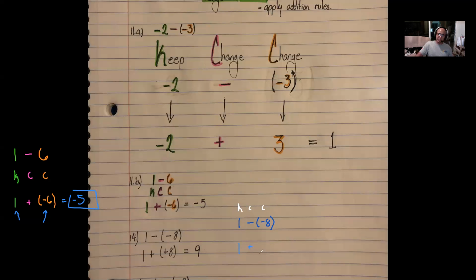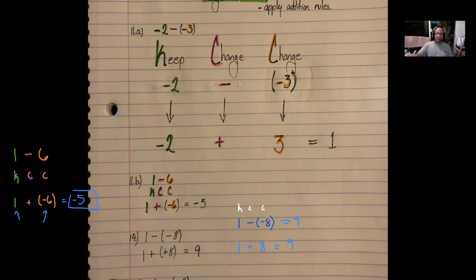And then I'm going to change the negative 8 to a positive 8. What's 1 plus 8? Same sign, so I'm just going to add them, and it's going to be a positive 9. Notice how much simpler this is, how much easier it is to think about. Yes, 1 minus negative 8 is equal to 9. These two things are exactly the same thing, but the addition perspective is easier for us to conceptualize.